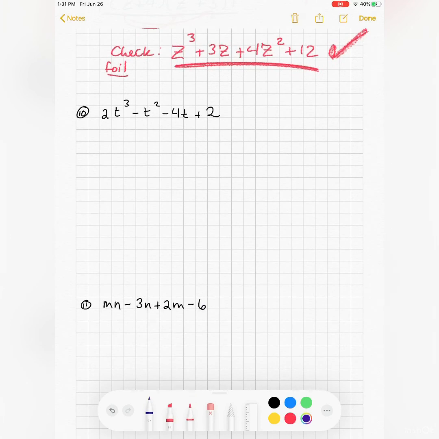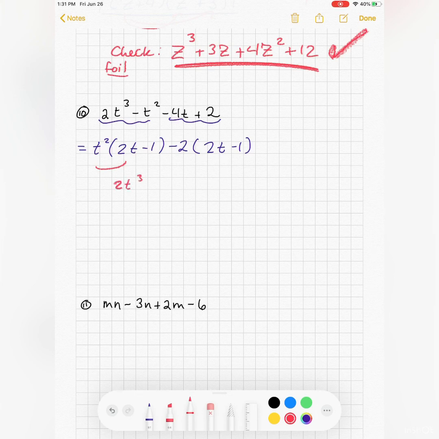Okay, again, 4 terms. Nothing I can take out of the whole expression. So let's take a t squared out of the first group, 2t minus 1. And then a negative 2 out of the second group. Let's check at this step and make sure we got that right.